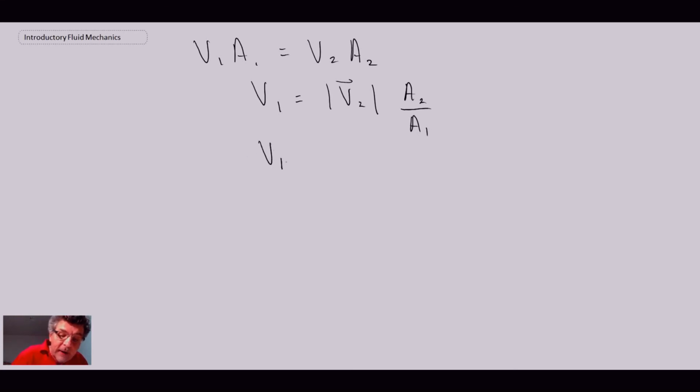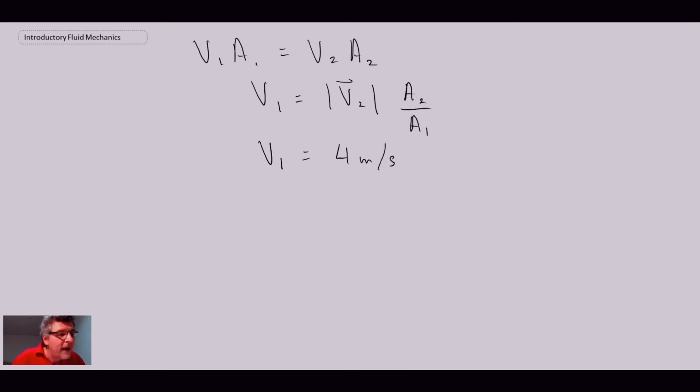It's incompressible. We get V1A1 equals V2A2. We can then isolate for V1. We'll take the magnitude of V2 and multiply by the ratio of the areas. And what we end up with is V1 is 4 meters per second.